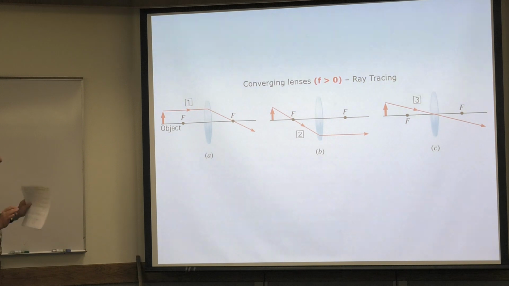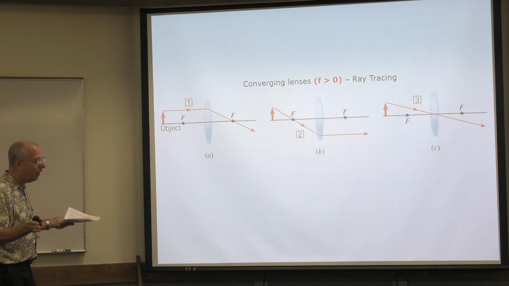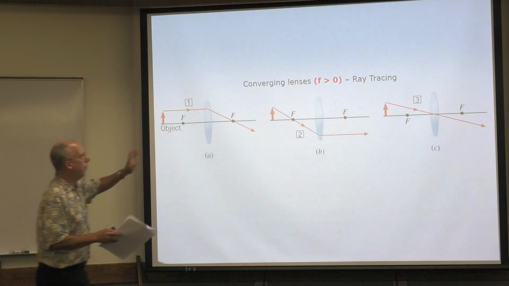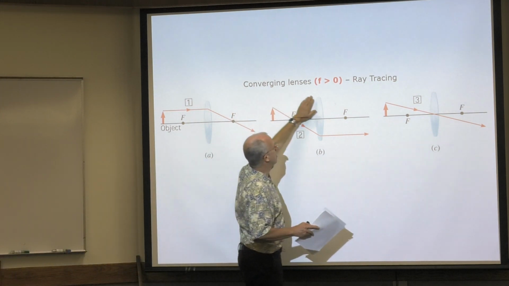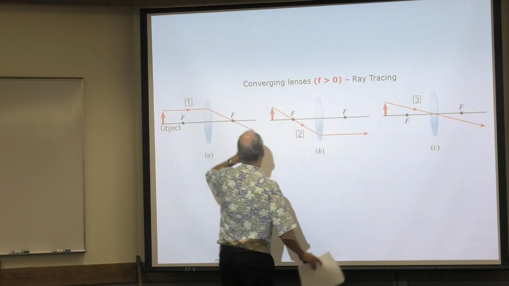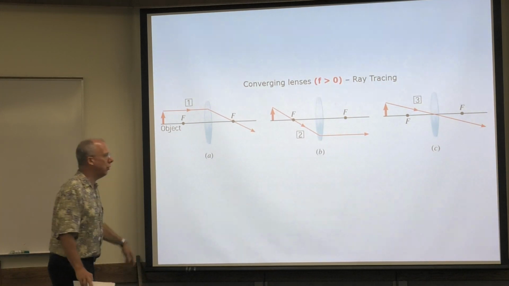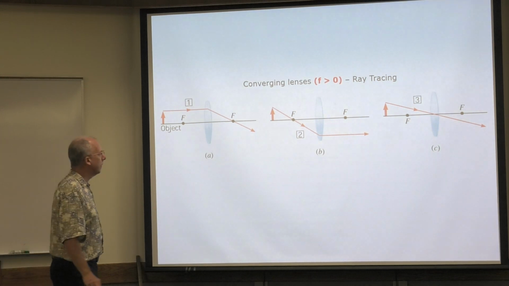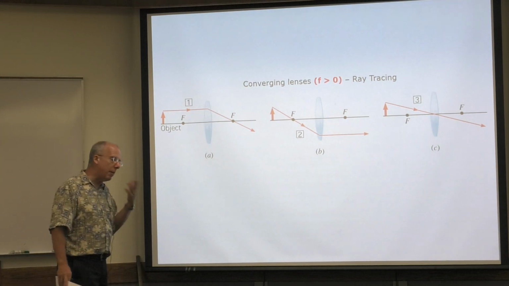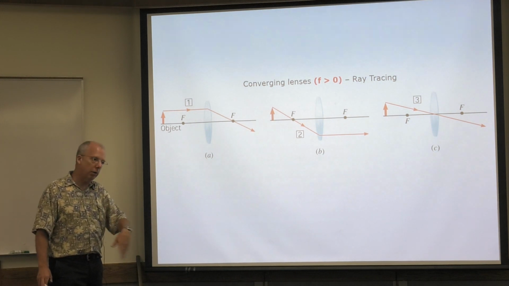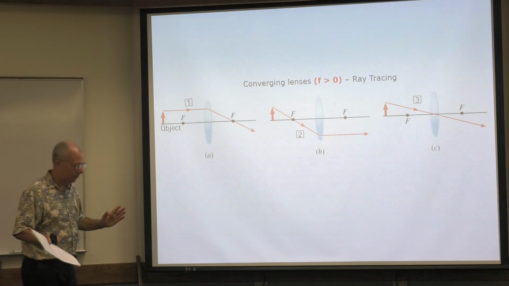All right, so this is the key to drawing these ray tracing diagrams. First of all, converging lenses always have positive focal lengths. That's crucial. In order to figure out the image, you draw these three lines, and you get it right. It's as simple as that. And you really want to remember this because you're going to use something similar for diverging lenses and for mirrors, and it's really important.